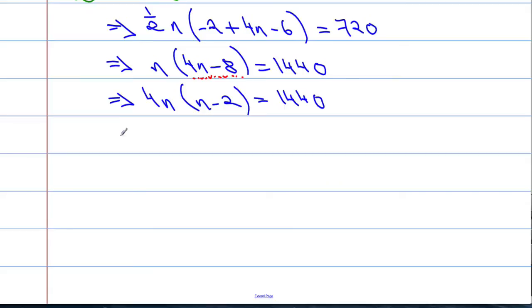And that makes life a little bit easier because I can now divide everything by 4. So n times (n minus 2) is going to be equal to, now I'm going to have to do a little bit of long division here. I'm going to get 3, 8, and a 5, 385.